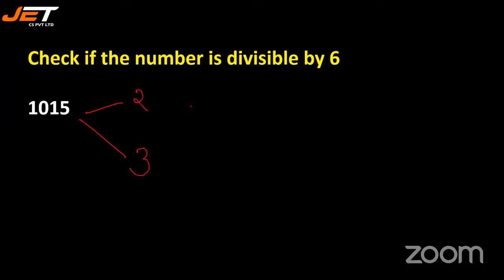Do you think it's divisible by 2? I don't. I'll not check for 3 because I can see it is not divisible by 2. Why should I check for 3? Because both the things should be fulfilled. It should be divisible by both 2 and 3.